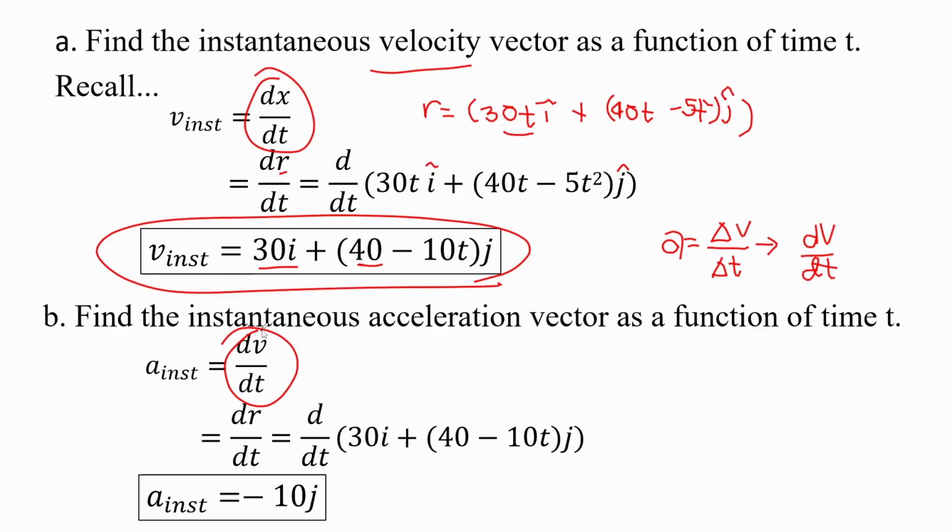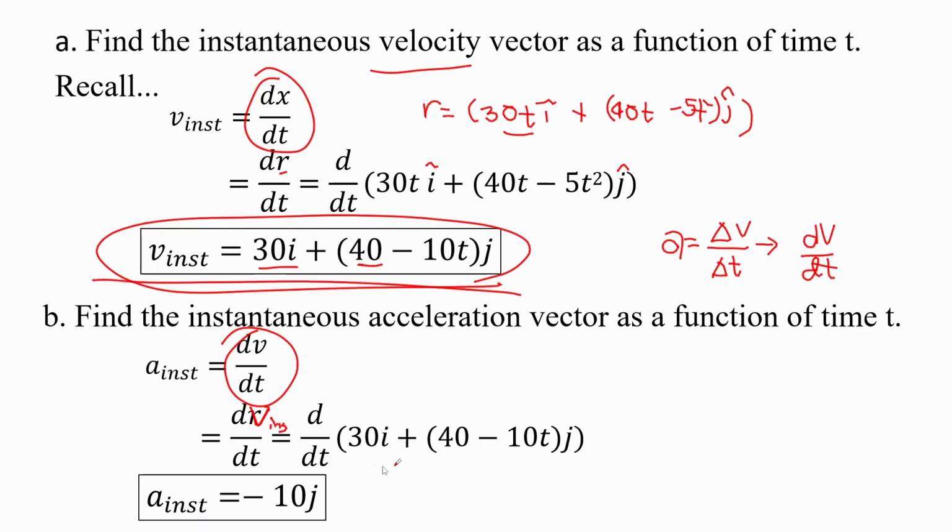So what is dv/dt? This one should be dv, not dr. This is dv instantaneous. So dv/dt, and we can use the function from earlier, the instantaneous velocity. We take the derivative of that with respect to time.